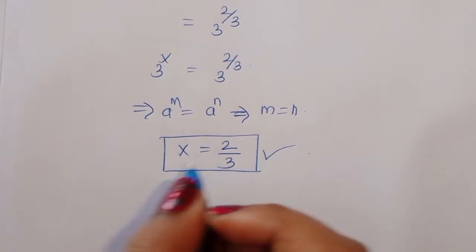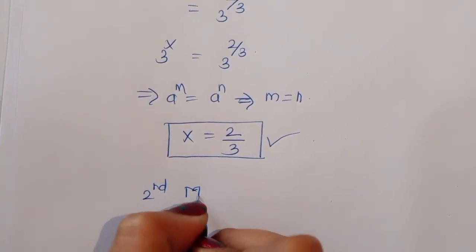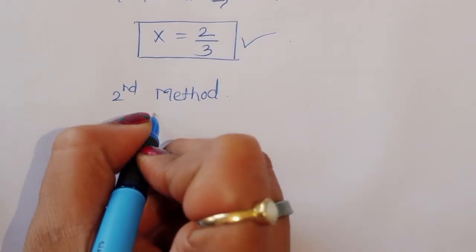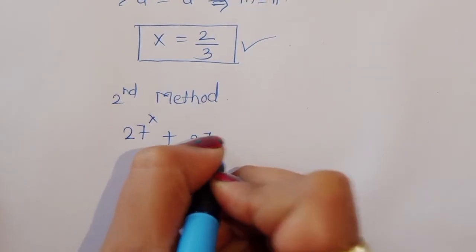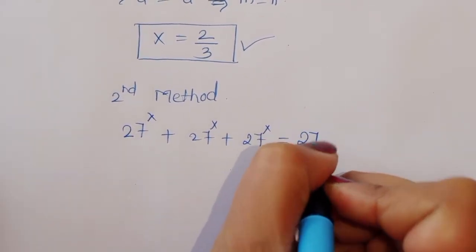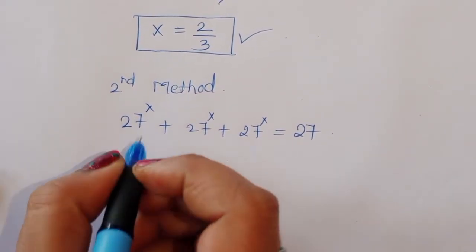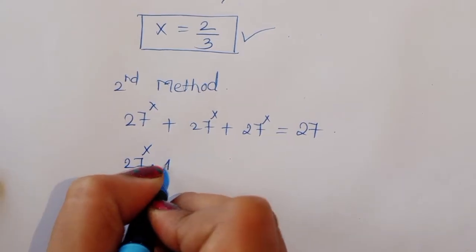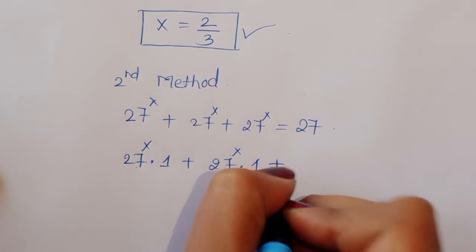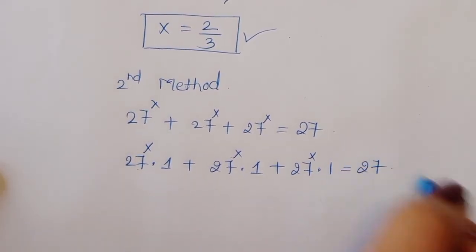Now we can see the second method. Given 27 power x plus 27 power x plus 27 power x is equal to 27. We can write this as 27 power x times 1 plus 27 power x times 1 plus 27 power x times 1 is equal to 27.